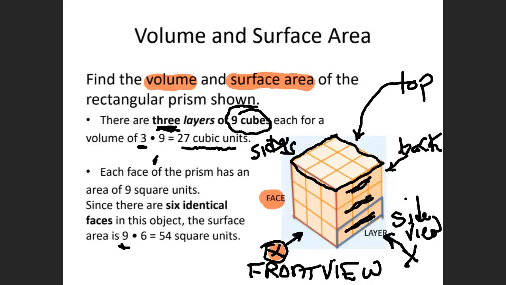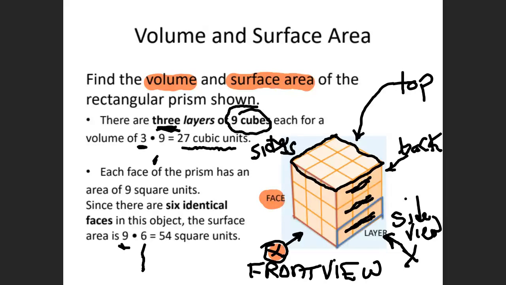There are 6 sides of this box. The 6 comes from the front, the back, the top, the bottom, and I have 2 sides. 6 sides.